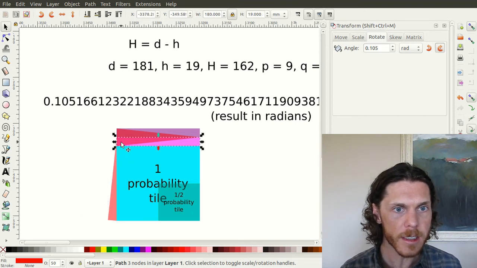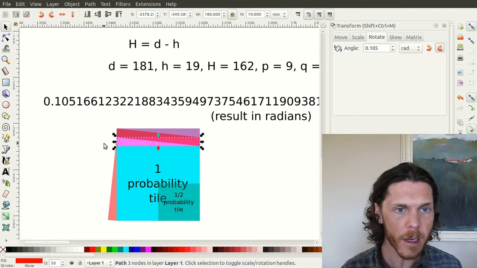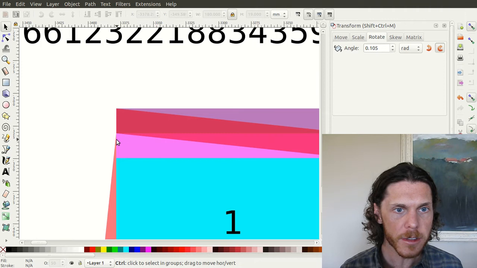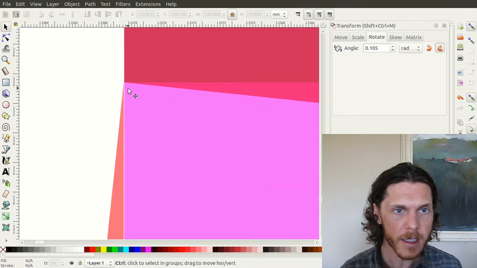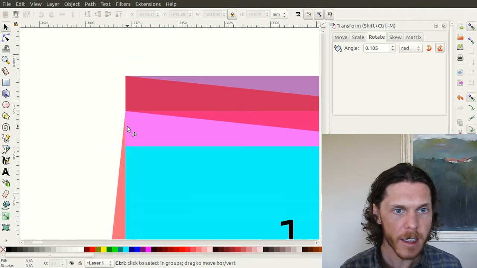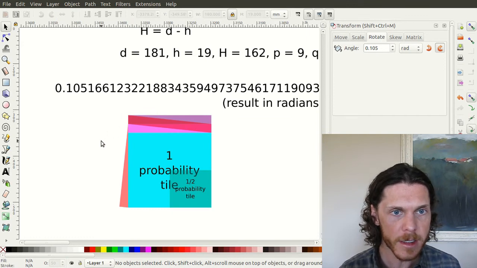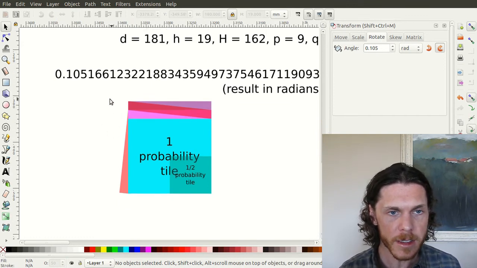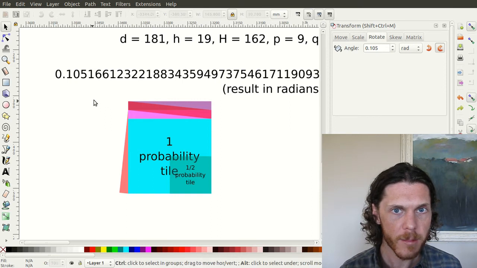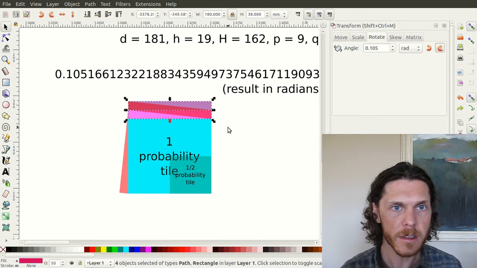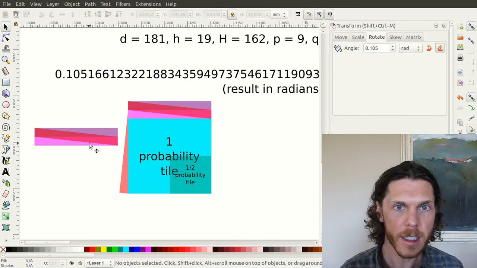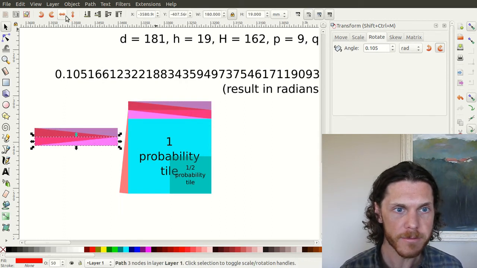So that's the length of D now vertical, and flipping around H so we can see how it relates. Uppercase H is indeed D minus lowercase h, or 162. Which is 181 minus 19.